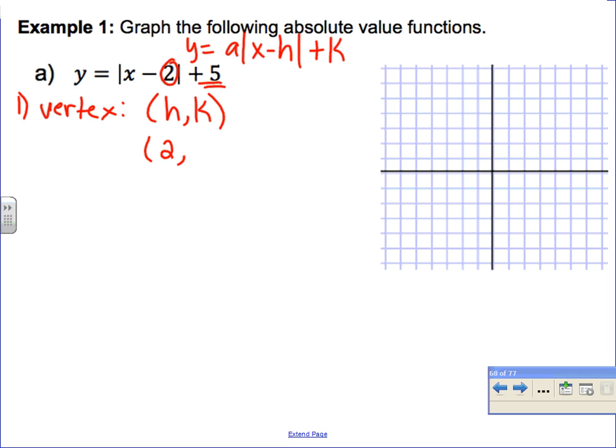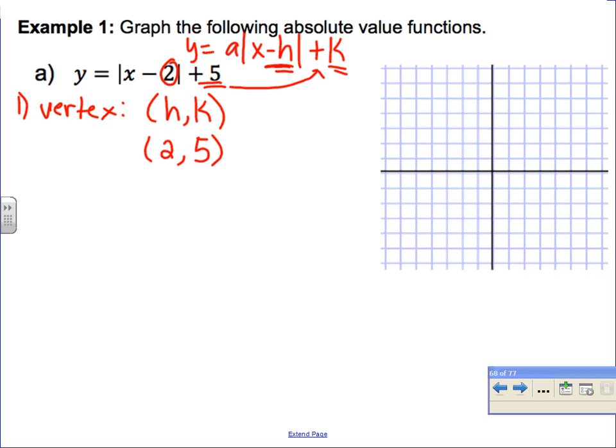The K right here, since the standard form is a plus, that 5 just gets dropped down. So we're going from the standard form, pulling out the H and the K. In other words, the H is always the opposite of what's here. Instead of a -2, we have a +2. So there's our vertex.